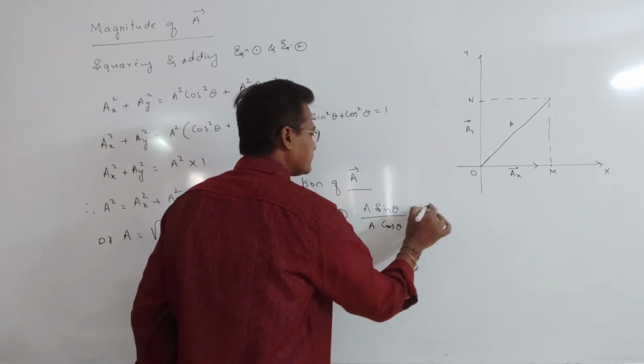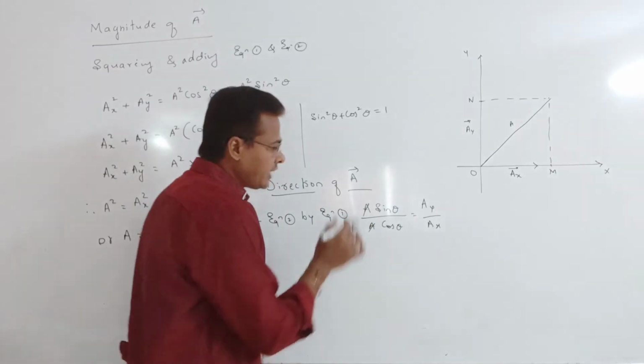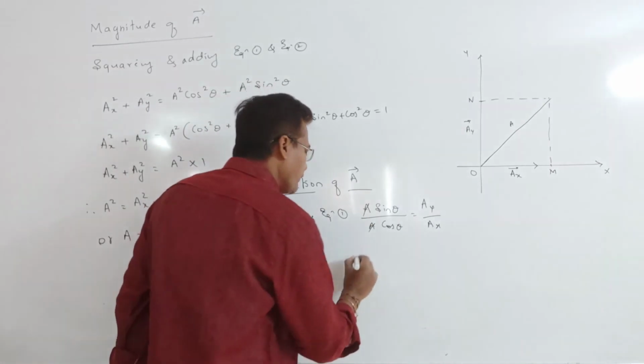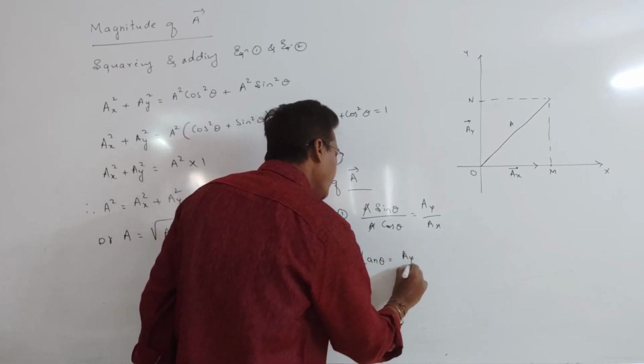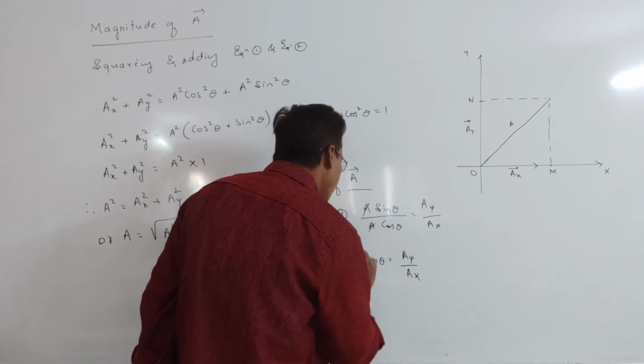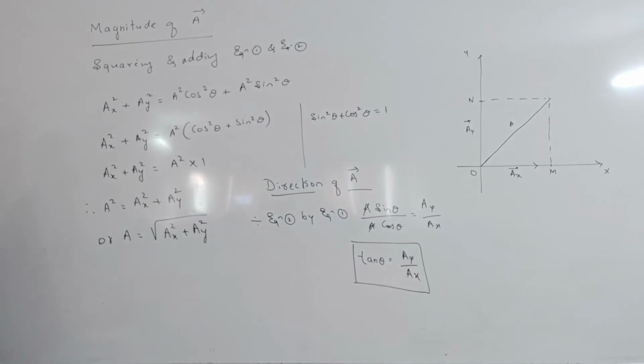A cancels. Sin theta by cos theta is tan theta. So tan theta equals AY by AX. This is what we are getting, the direction of A vector.